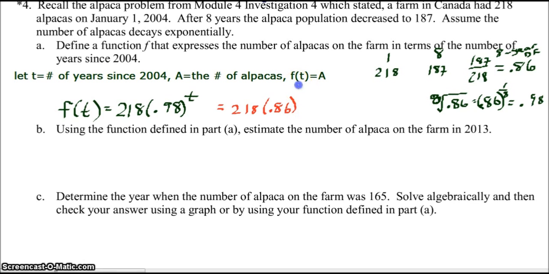Then they took the number of years and divided by 8, which is essentially what we did with 0.86 to the 1/8. This is 218 times 0.86 to the 1/8 to the t, which is the same thing as our function, 218 times 0.98 to the t.